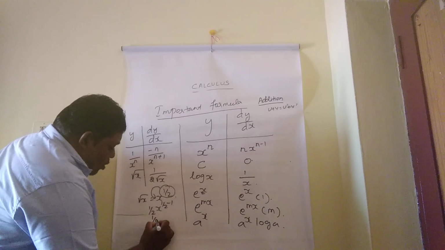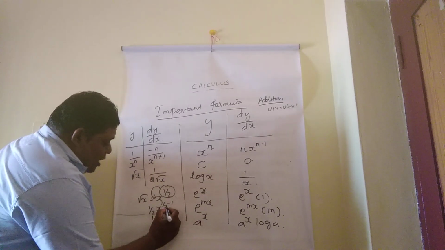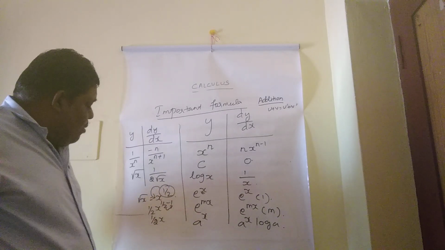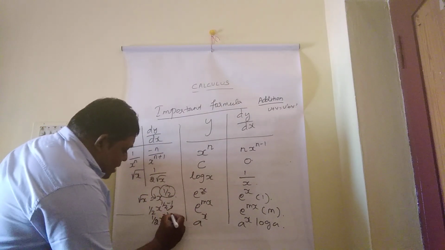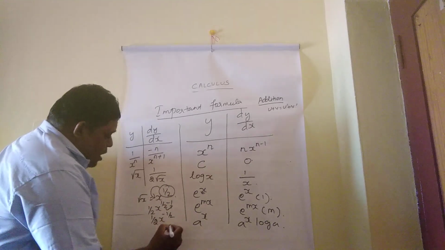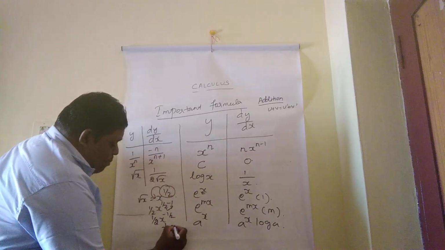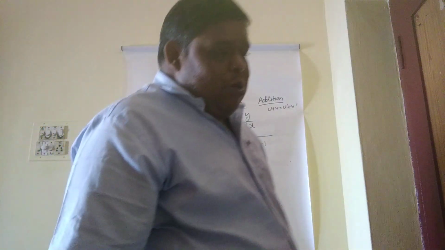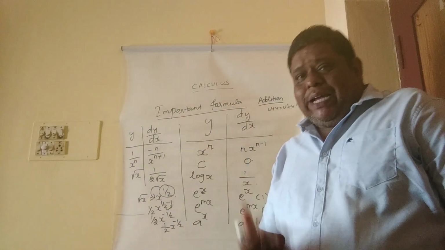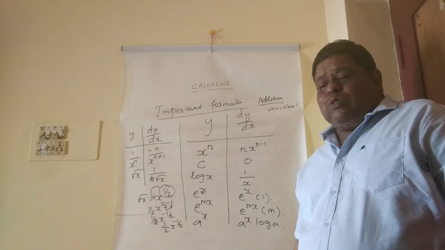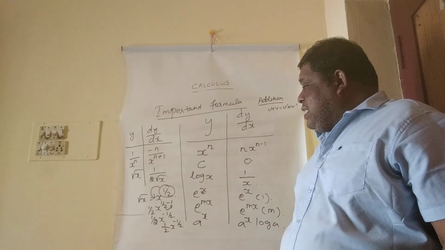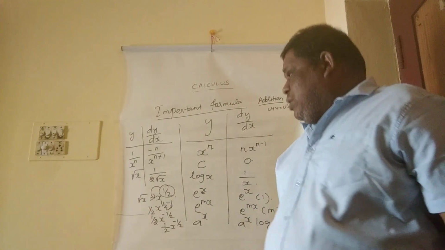Now take LCM: 1 minus 2 is minus 1 by 2. So 1 by 2 x to the power minus 1 by 2. Now x to the power minus 1 by 2 can be written as 1 by x to the power 1 by 2. So the answer is 1 by 2 root x.